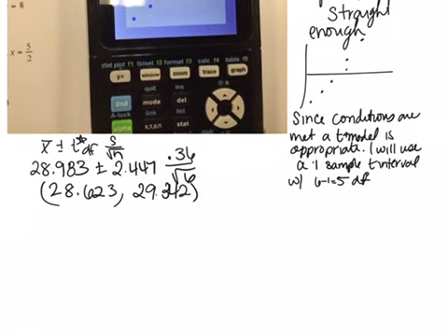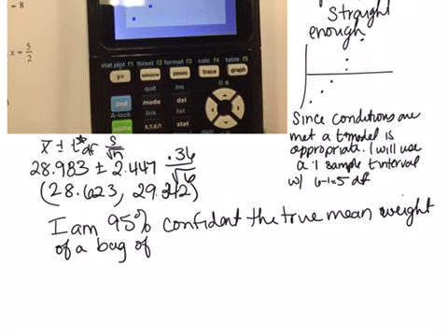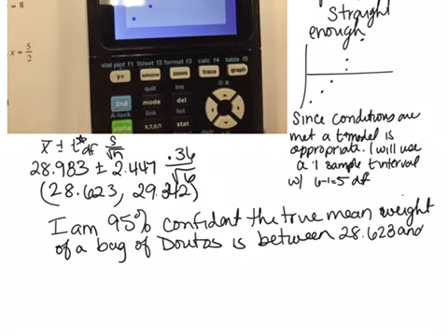And so I am 95% confident the true mean weight of a bag of Doritos is between 28.623 and 29.342 grams.